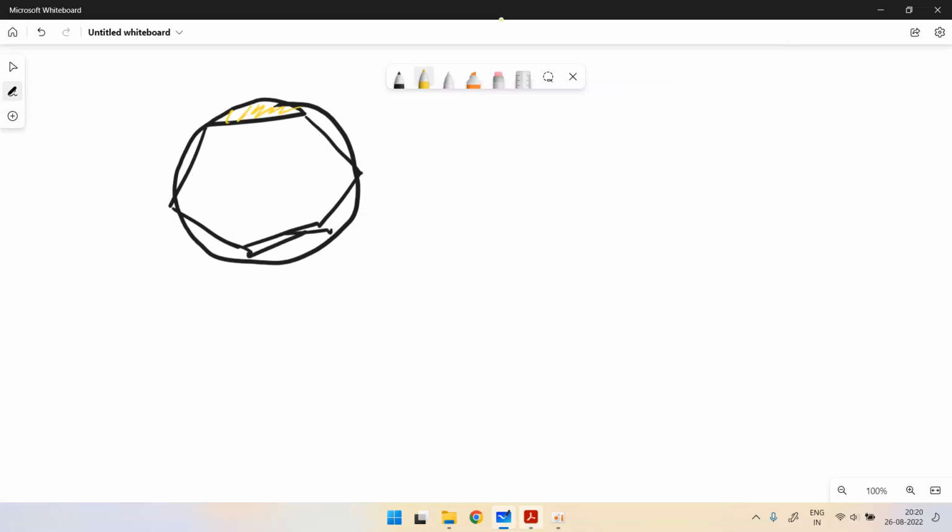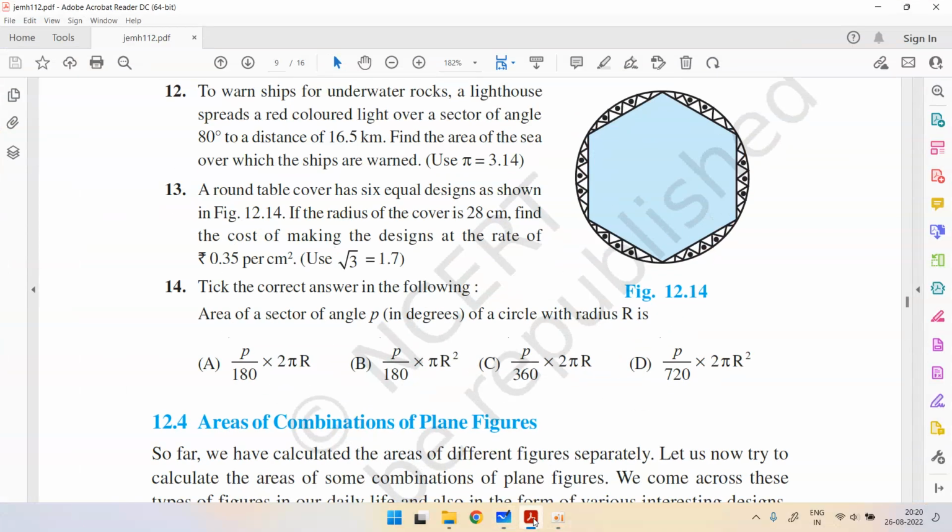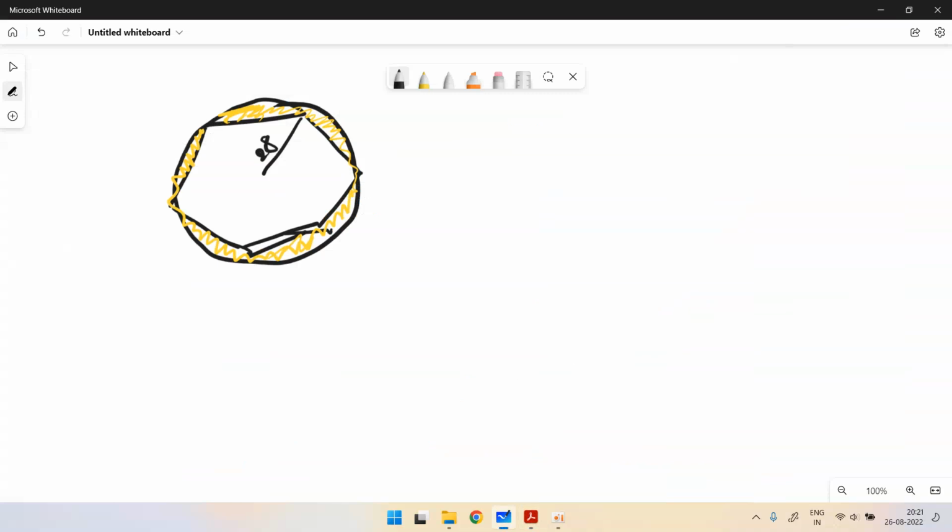Some design is being made at the minor segment level, and the radius is given to be 28 centimeter.